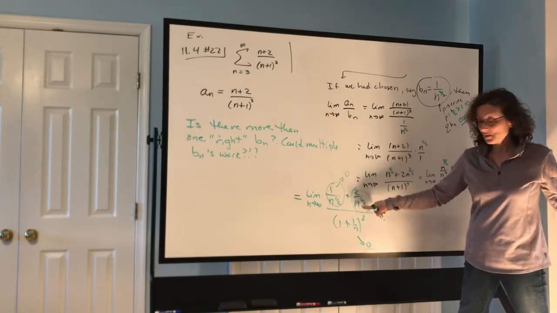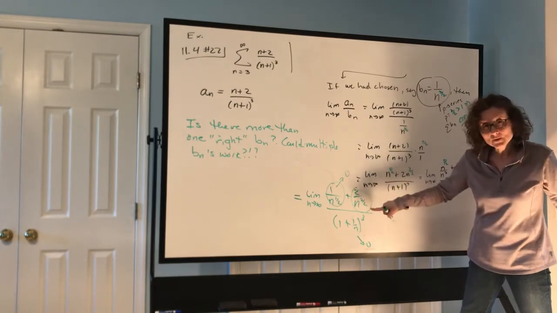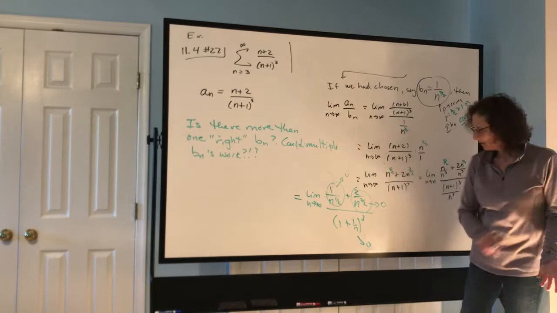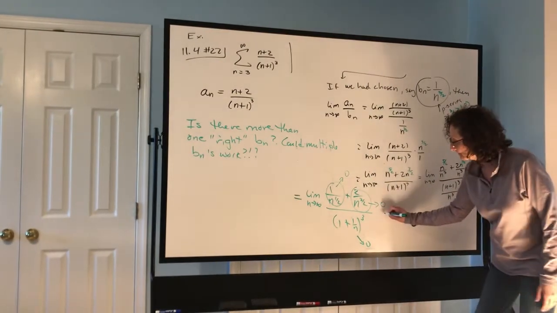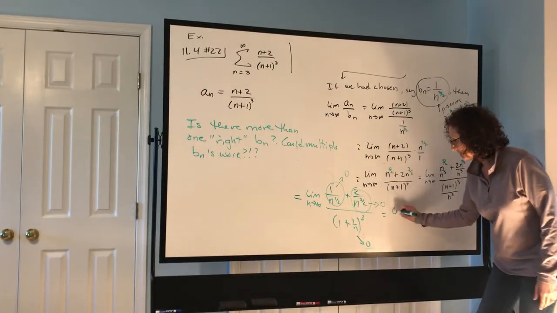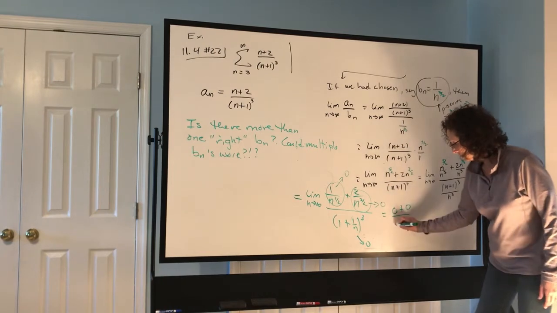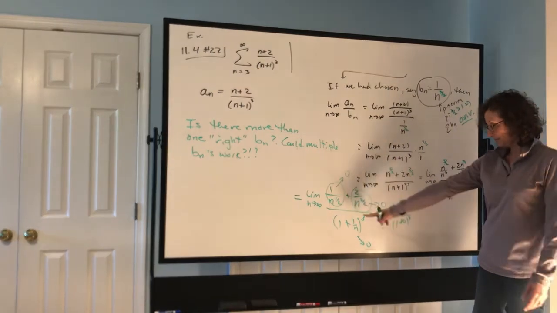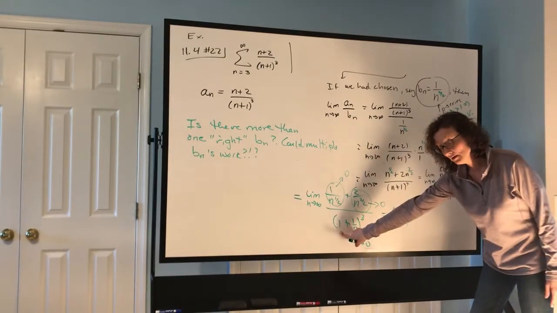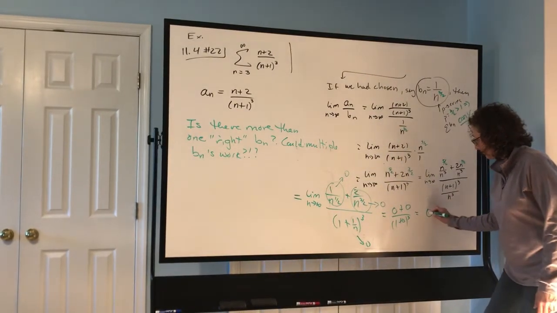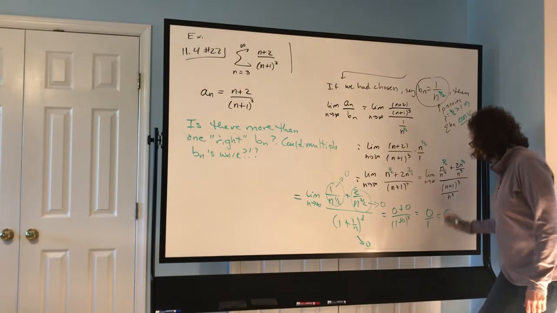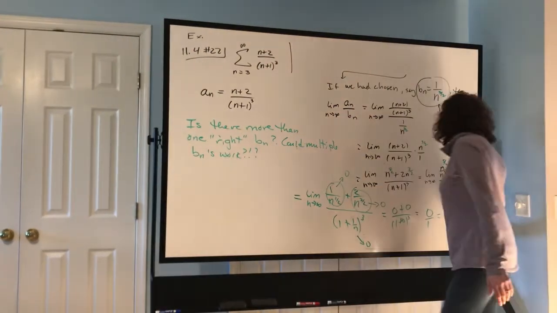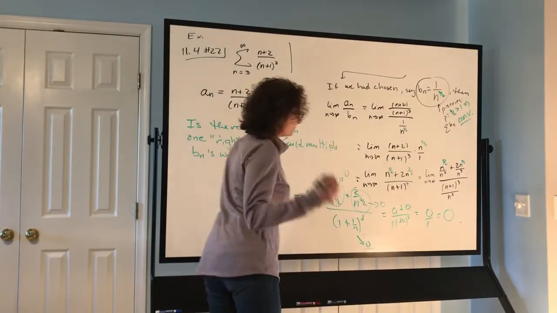The denominator is growing large without bound, and a constant over something growing large without bound goes to 0. What do we get? This limit goes to 0 plus 0 over 1 plus 0 cubed. The limit as n goes to infinity of 1 is 1. So that is 0 over 1, which is 0. We got 0 out of the limit.